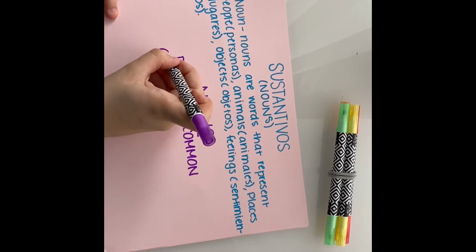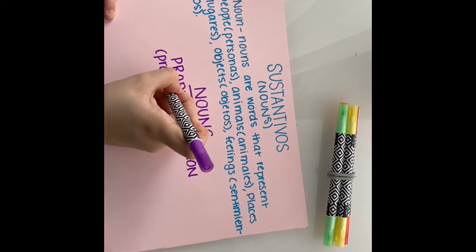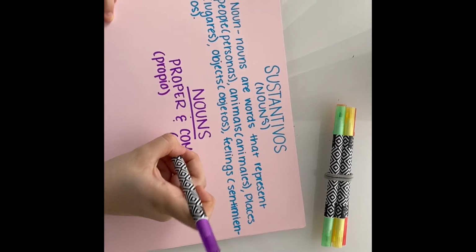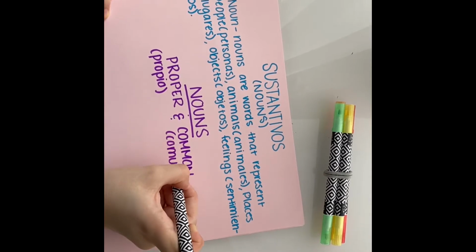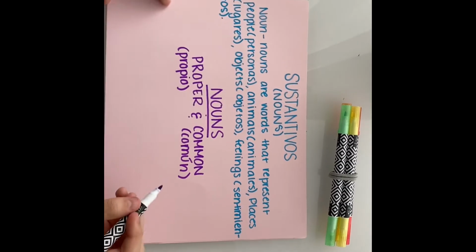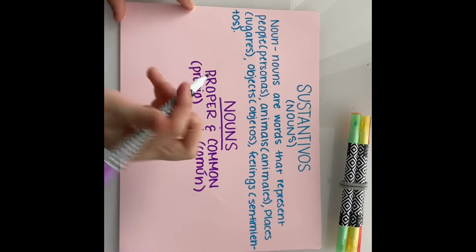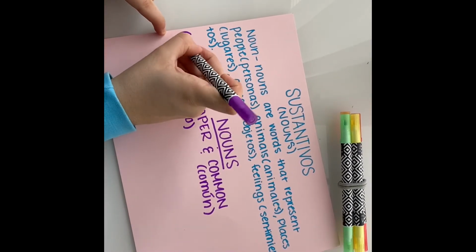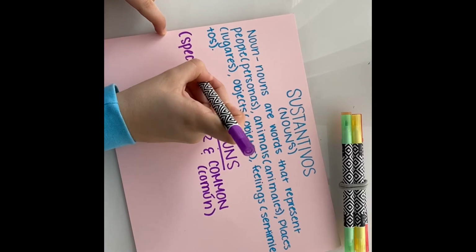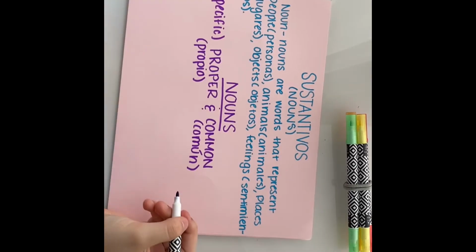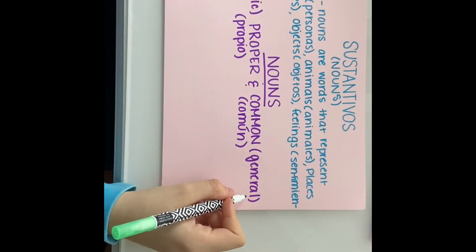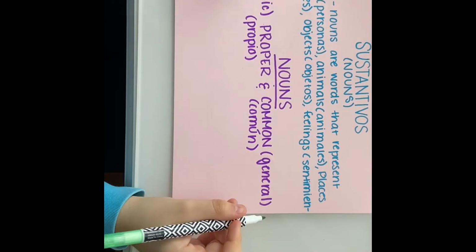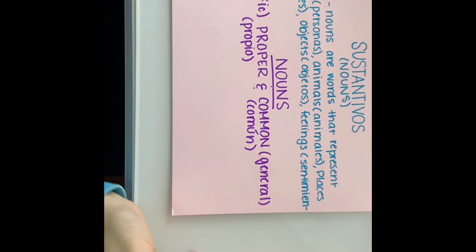So in Spanish is propio y común. So proper, it's basically that they're specific when they're separated. And common, so in general.